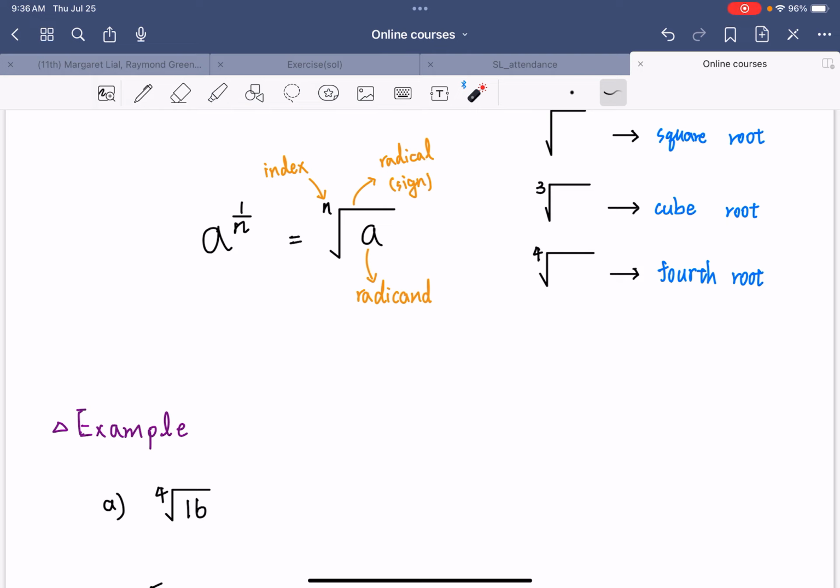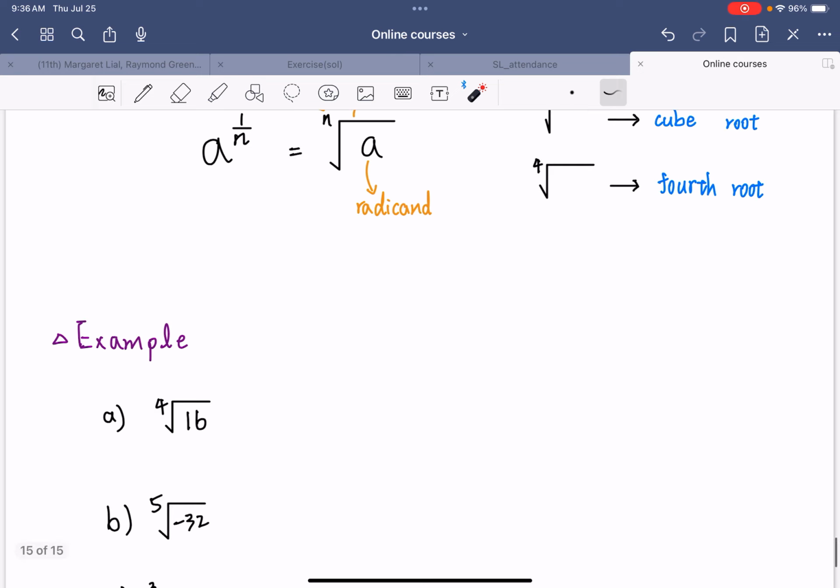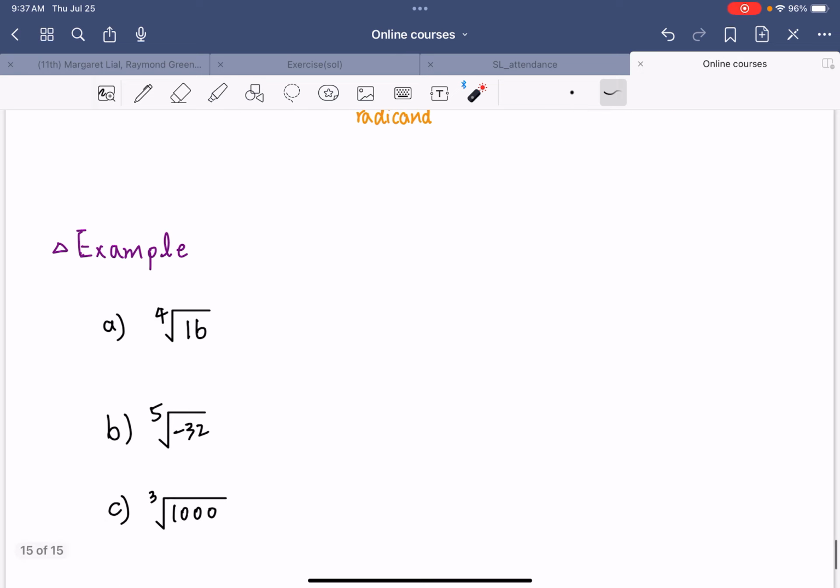Okay. And therefore, let's just see a few examples about this. For this question, what we are looking at is the fourth root of 16. We all know that 4 squared is 16, right?